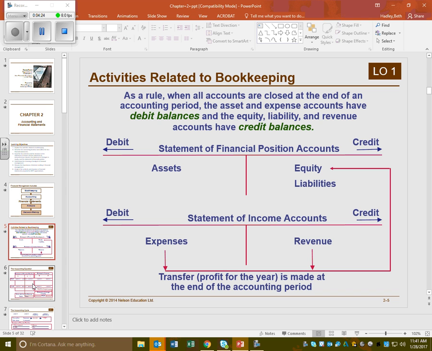Okay, so don't worry too much about comprehensive income. We're not really going to be getting into it in this chapter, or actually even in this course. So it's more the statement of income and focusing on what's included in the day-to-day operations of your company, what you sell, what you buy, and what your regular expenses are.